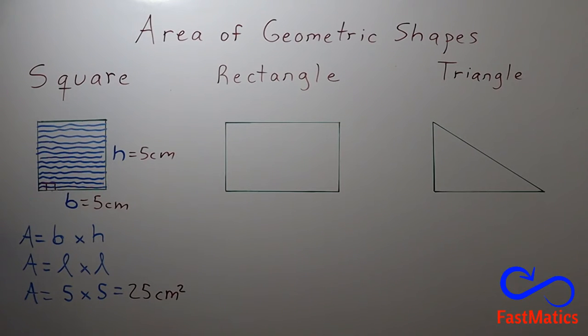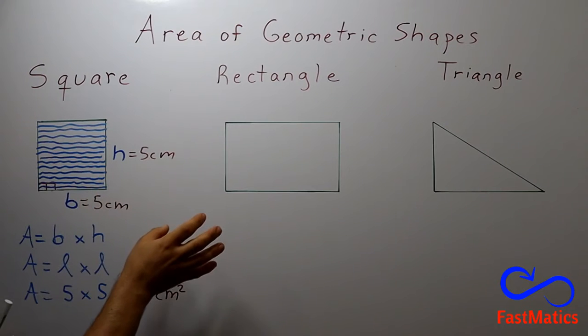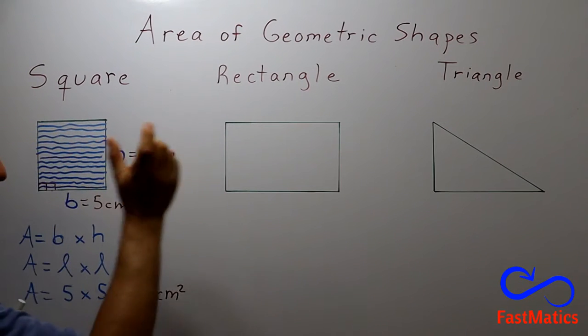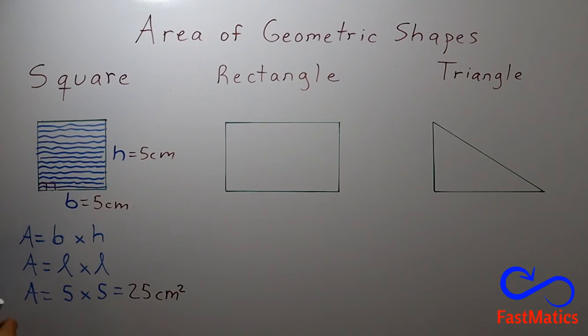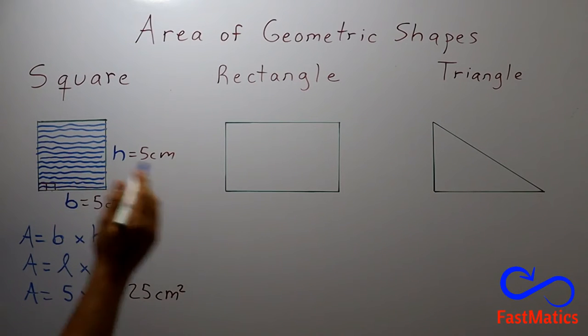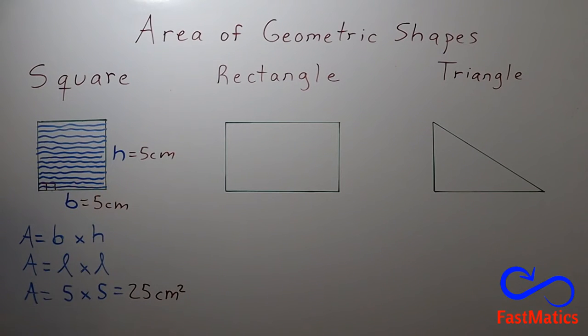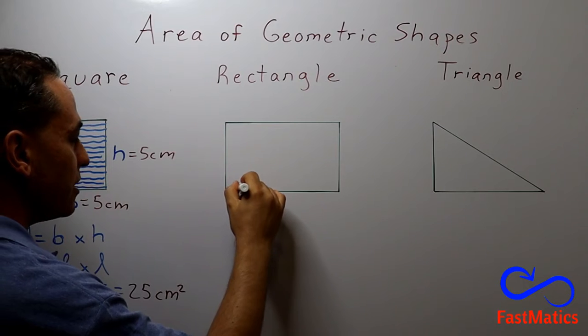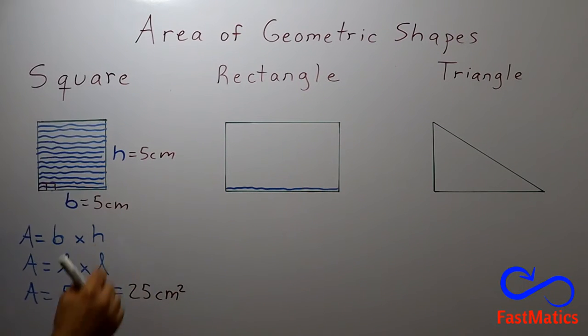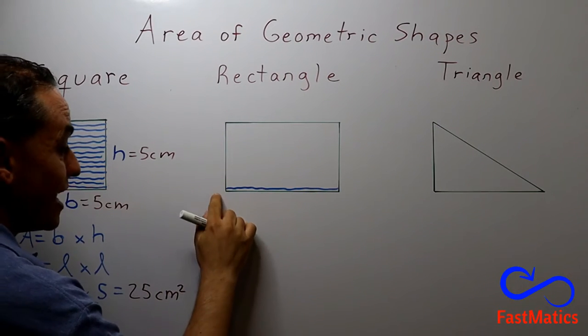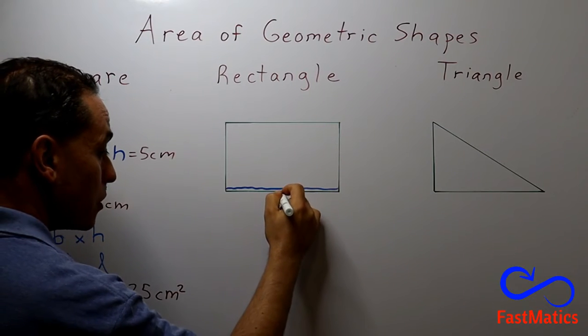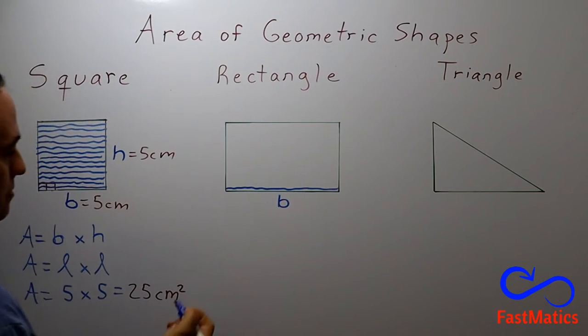Now let's see what's happening with the rectangle. You can imagine that you have another fish tank, and you are filling it with water. Here we have a length that could be called base.